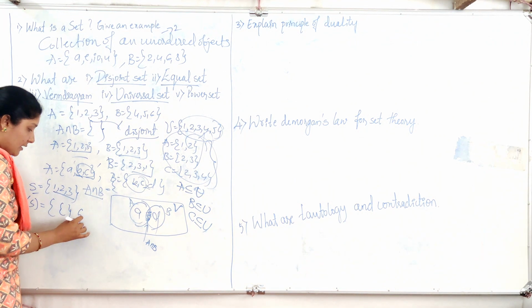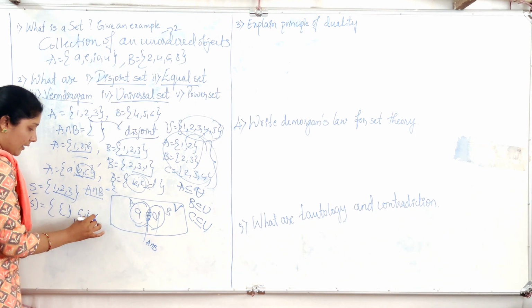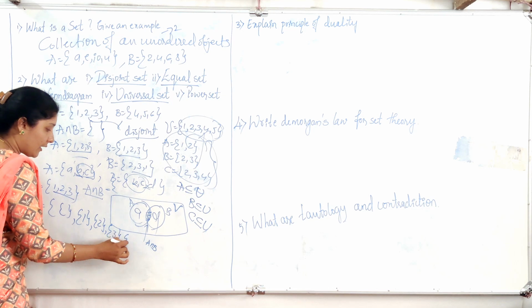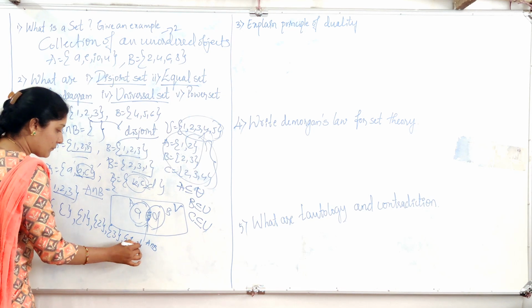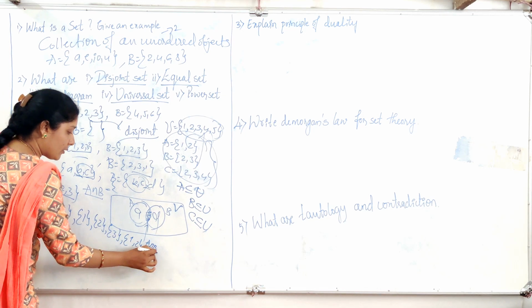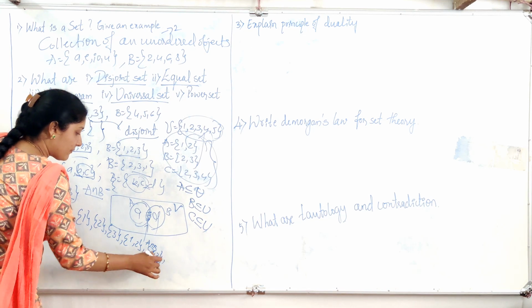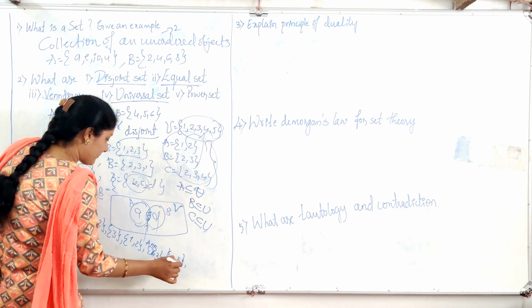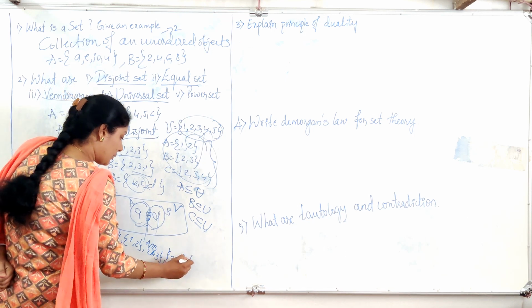Okay. Next comes {1}. Next {2}. Next {3}. Then {1, 2}. Then {1, 3}. And {2, 3}. Then {1, 2, 3}.